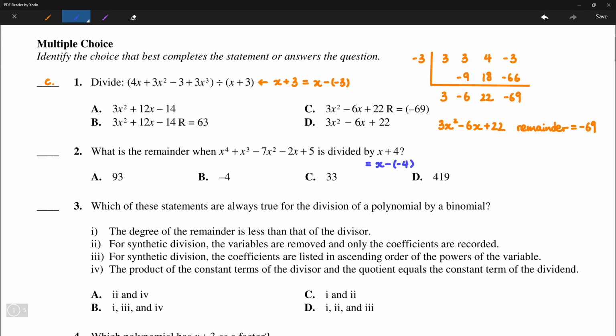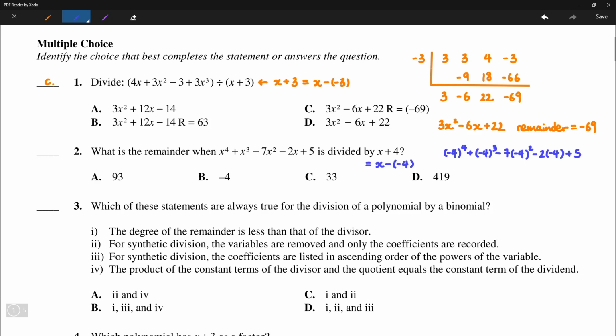So here we have negative 4 to the 4th power, plus negative 4 cubed, minus 7 times negative 4 squared, minus 2 times negative 4, and then plus 5.